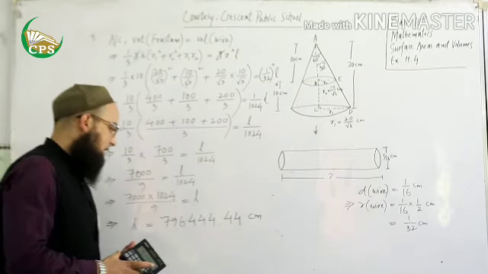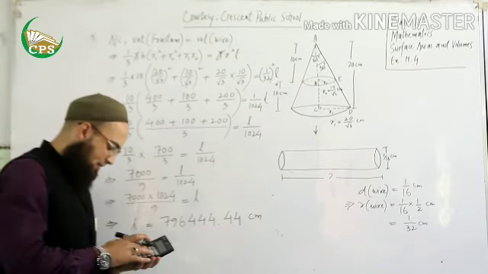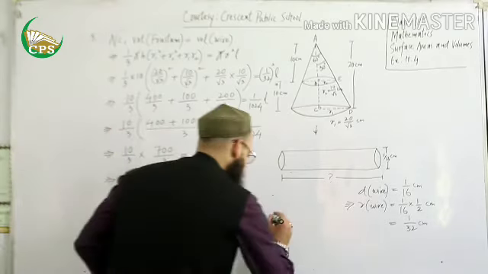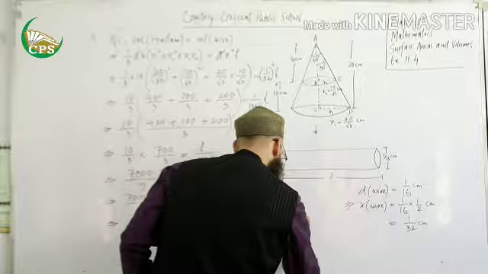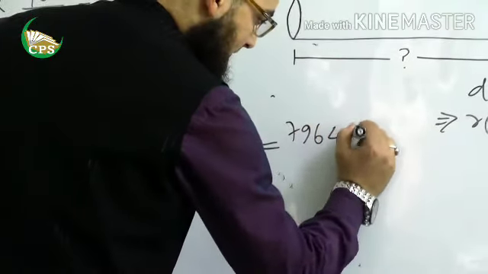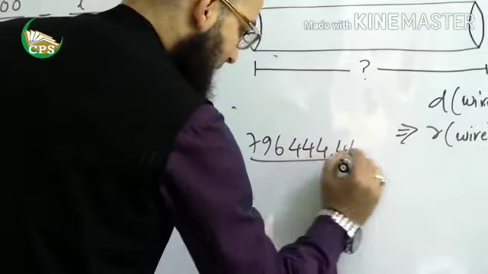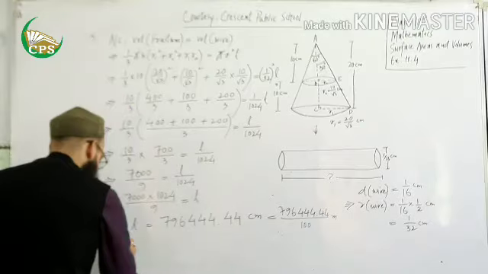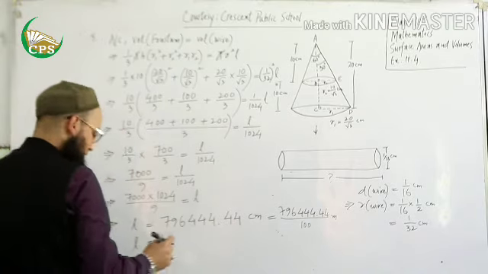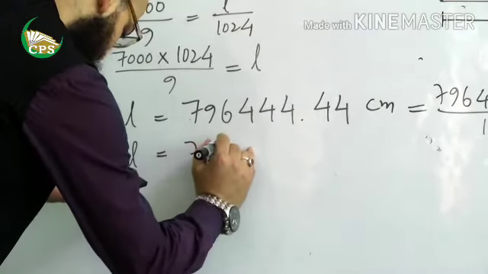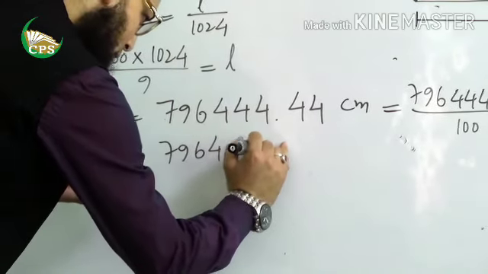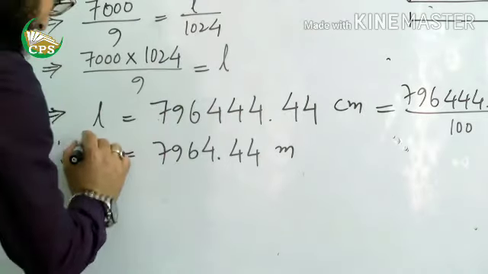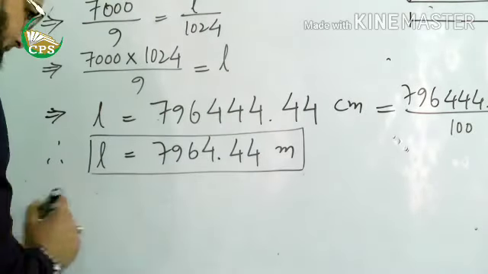If I convert this into meters, I divide it by 100. Now let us divide this by 100, so I get 79644.44 divided by 100. So I am in meters now. Therefore, I can say L is equal to 7964.44 meters, and that is the required length of the wire.